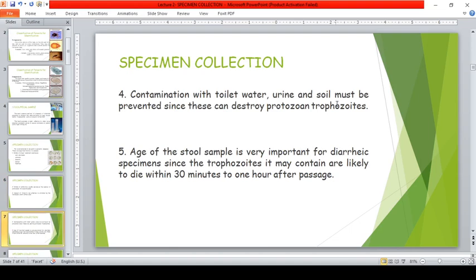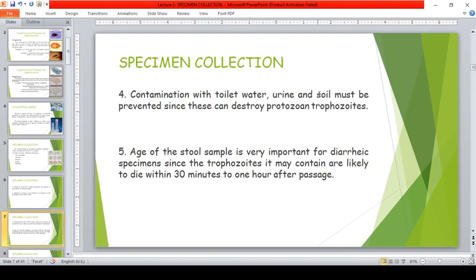Contamination with toilet paper, urine, and soil must be prevented since this can destroy protozoan trophozoites. So take note guys that the stool sample must be free from toilet water, urine, and soil. Aside from the fact that urine and the toilet water may destroy trophozoite parasites, pwede silang masira, pwedeng ma-break yung mga trophozoite parasite.